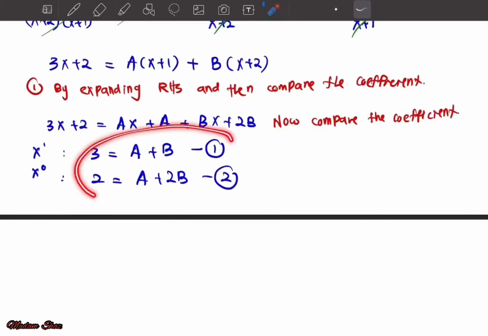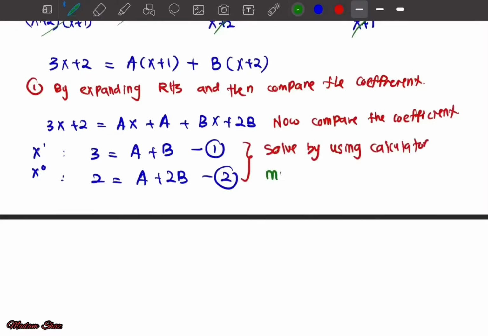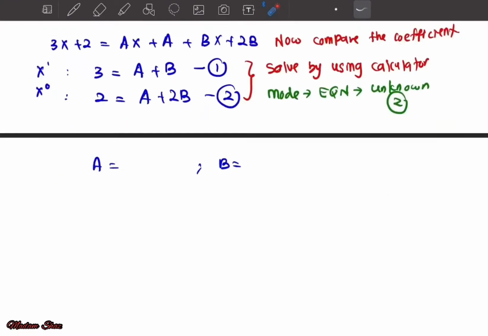So from the simultaneous equations that we have here, you have to find the value for the constants A and B by using the calculator. Mode, EQN, unknowns 2, because we have constant A and constant B. So by using the calculator, the answer for A is equal to 4 and B is equal to -1.